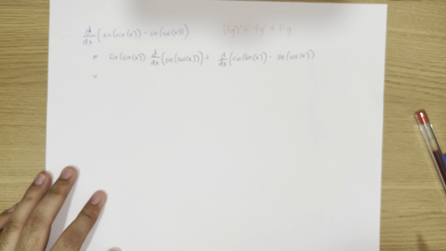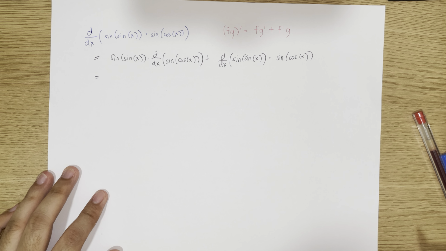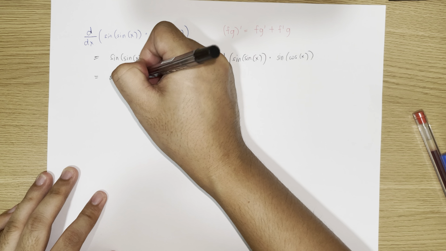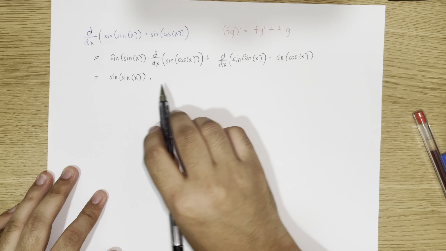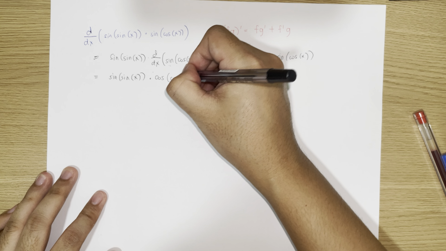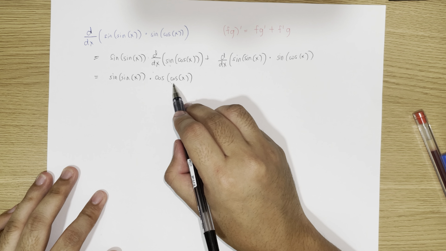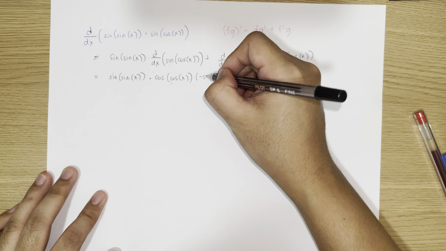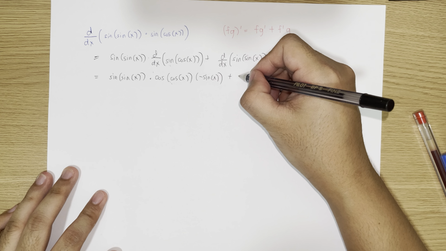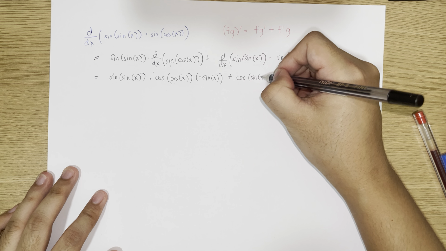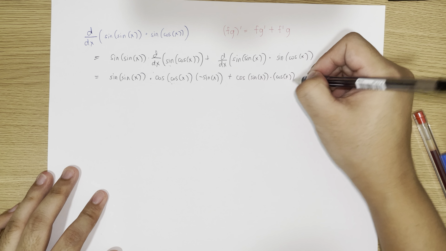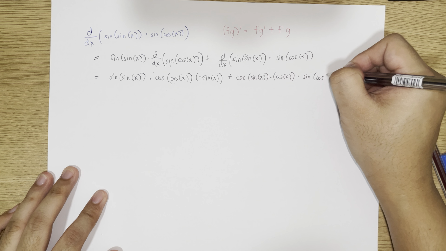Now to do this, we use the chain rule. Sine of x times the derivative of sine, which is cosine of cosine of x, times the derivative of cosine, which is negative sine of x, plus, for this one, again the chain rule: cosine of sine of x times the derivative of the inside, which is cosine of x, times sine of cosine of x.